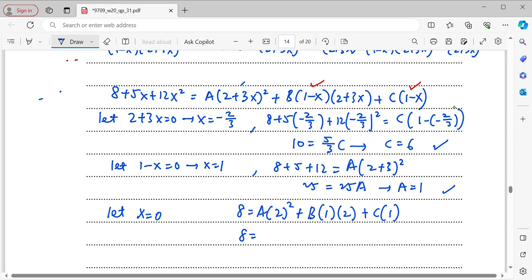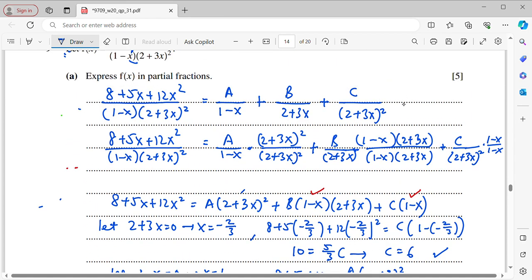Okay, after that, you just replace the c and a. My a is 1, so this is 4, plus 2b, my c is 6. Therefore, from here, you will be getting 2b is minus 2. Hence, your b is minus 1. So with these three values, just rewrite your partial fractions.